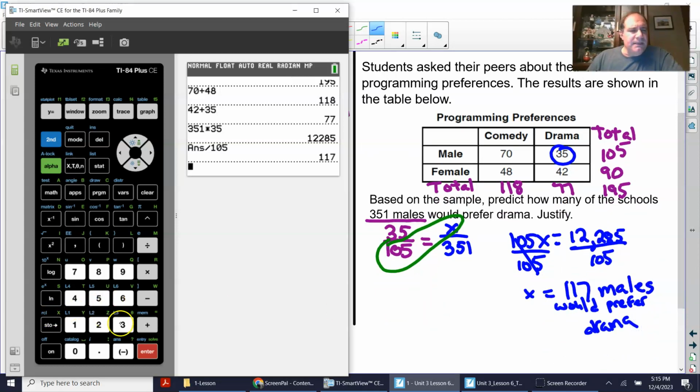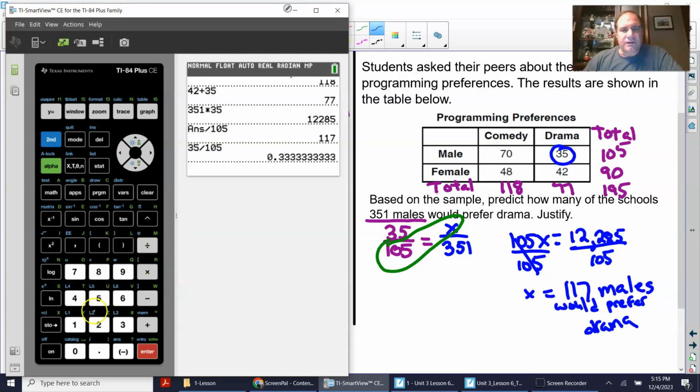The other way would be 35 divided by 105 to get the percent, but the percent doesn't come out perfectly, so you would have to take that and multiply it by the 351. It wouldn't come out perfect because it's 1/3.